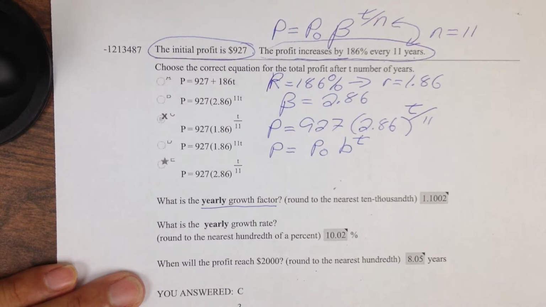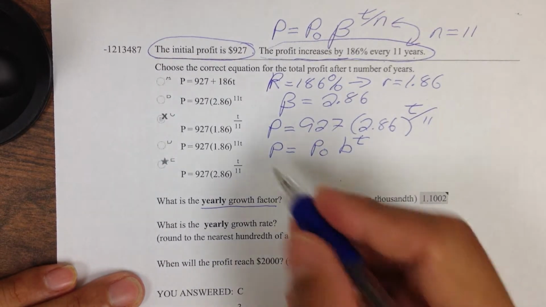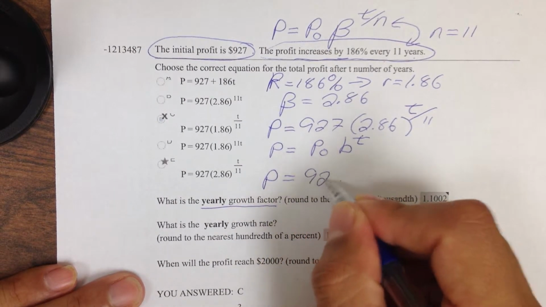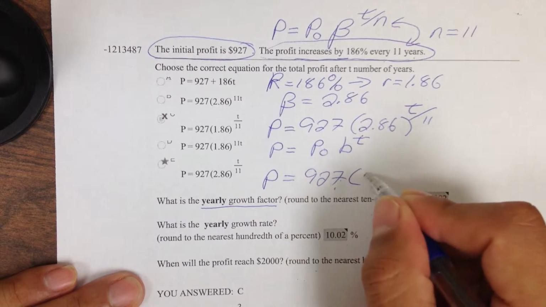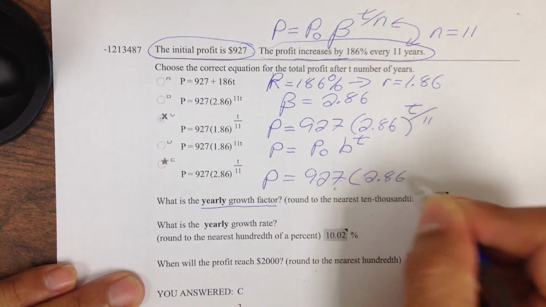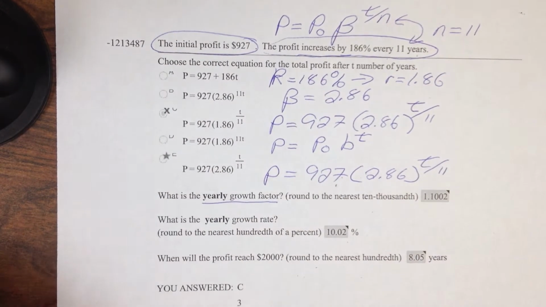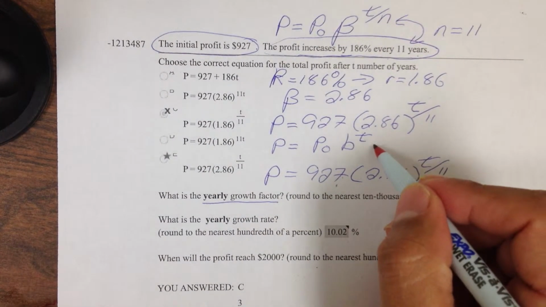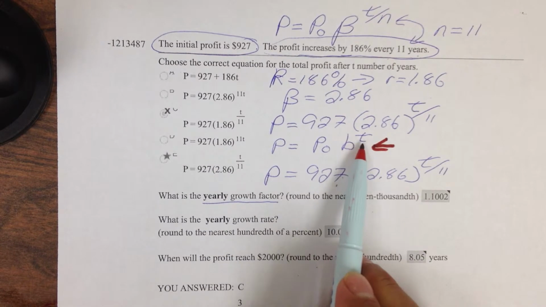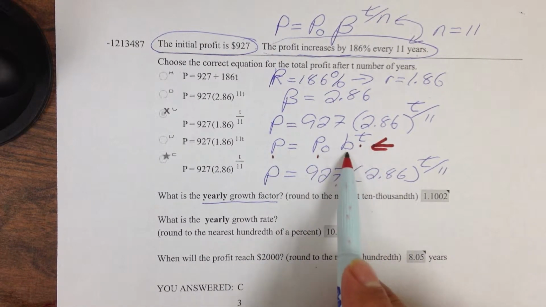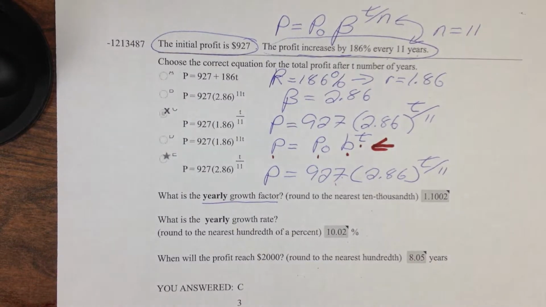This is my standard exponential format. There are 4 pieces to an exponential function. I'm rewriting my formula, and I'm going to identify all of the pieces of my exponential function, but I'm going to identify it in this format where I have an input variable, an output variable, an initial value, and an annual factor.